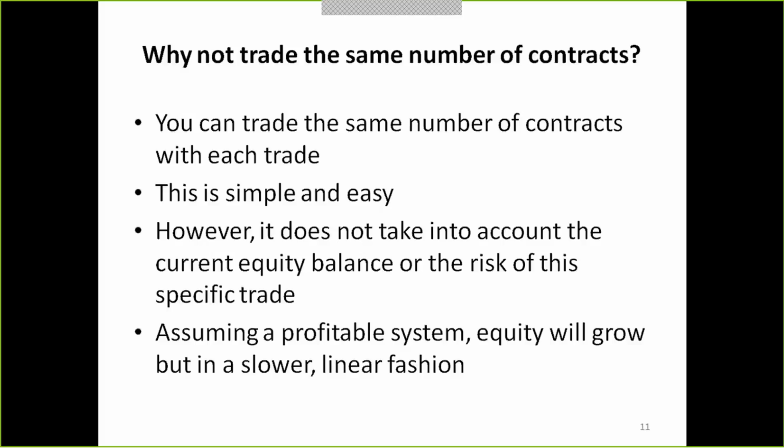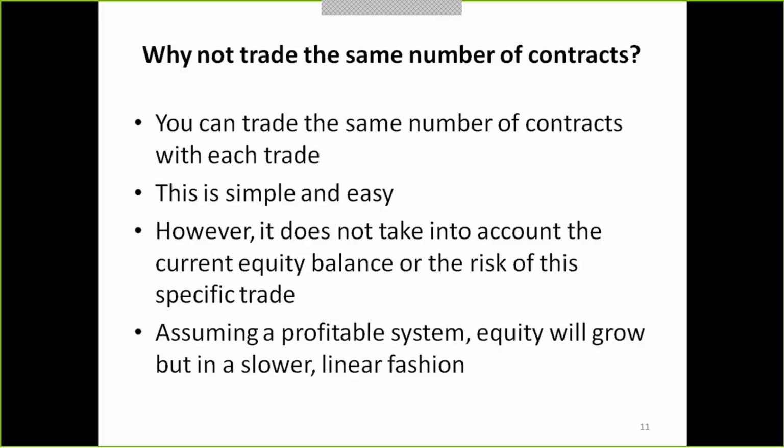So if you have a string of losers in a row, and if you keep trading the same number of contracts, maybe that's not the wisest thing to do. And also, if you have some idea of the risk of the current trade, and perhaps it's a larger risk than previous trades, maybe again you would want to modify the number of contracts that you're trading to take that into account.